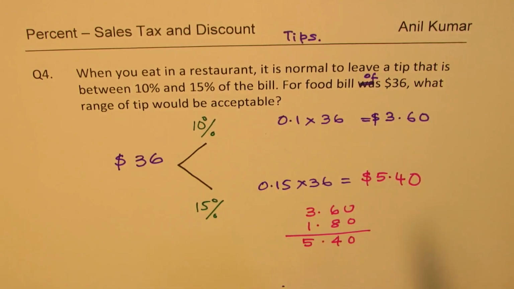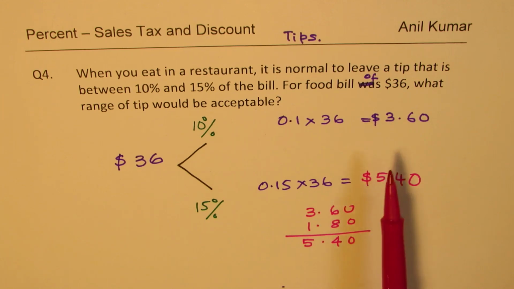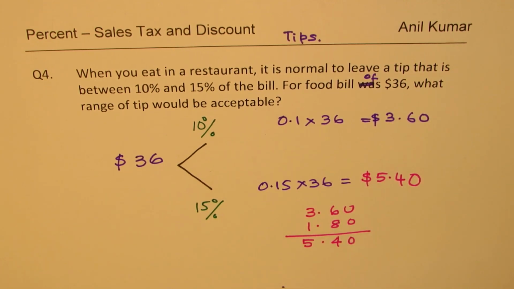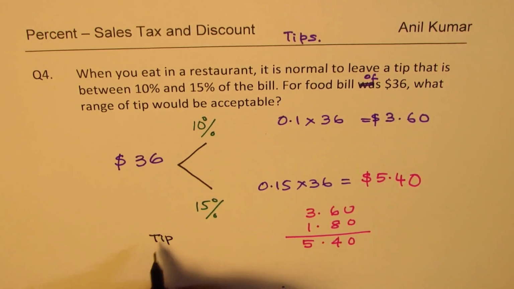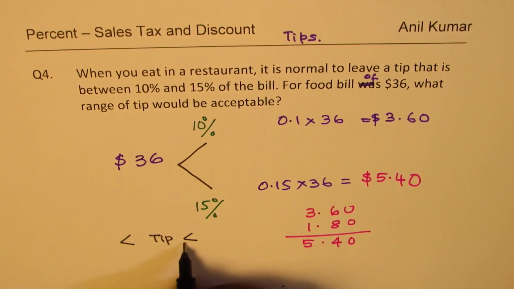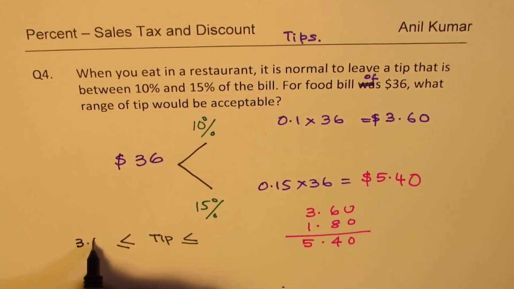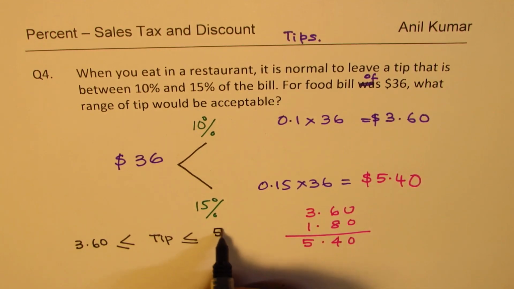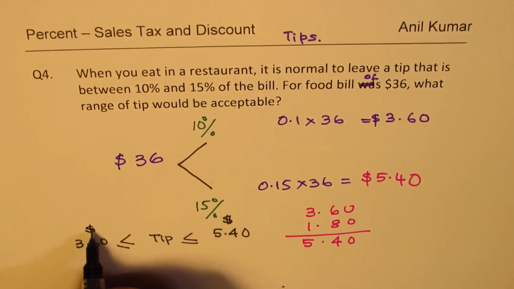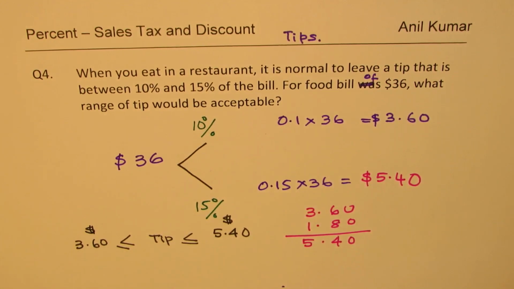Correct? So the values between these two become the range of our bill. So the tip could be anywhere between, it could be equal to these values also, 3.60 to 5.40. Values, of course, are in dollars. Is that clear? So that is how we are going to actually solve such questions. I hope it makes sense.